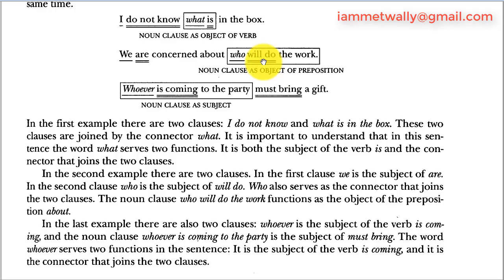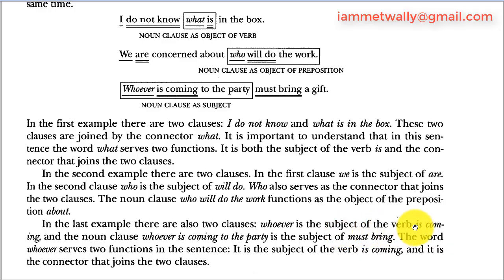Who is the subject of the verb will do, and who is also the connector of these two clauses. Who will do the work, all of it, functions as the object of the preposition about. Because if you ask who are you concerned about, the answer will be I'm concerned about who will do the work.